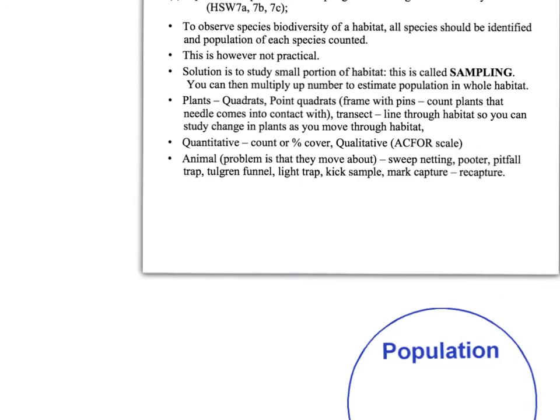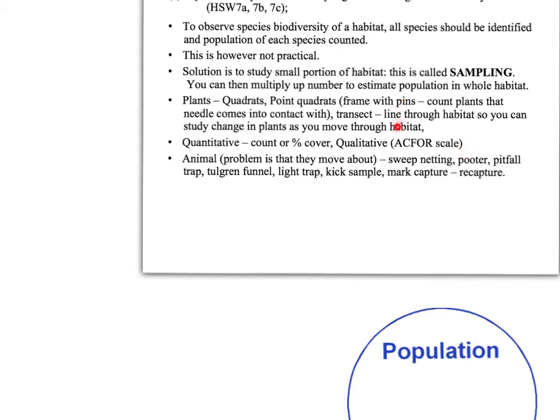Okay, now moving to animals. Before we go to animals, some plants are very difficult to count individually, grasses for example. So what we can do is take values such as percentage cover, or there's an ACFOR scale as well, which is just a qualitative judgment that ecologists will make on the abundance of a particular species in a quadrat.